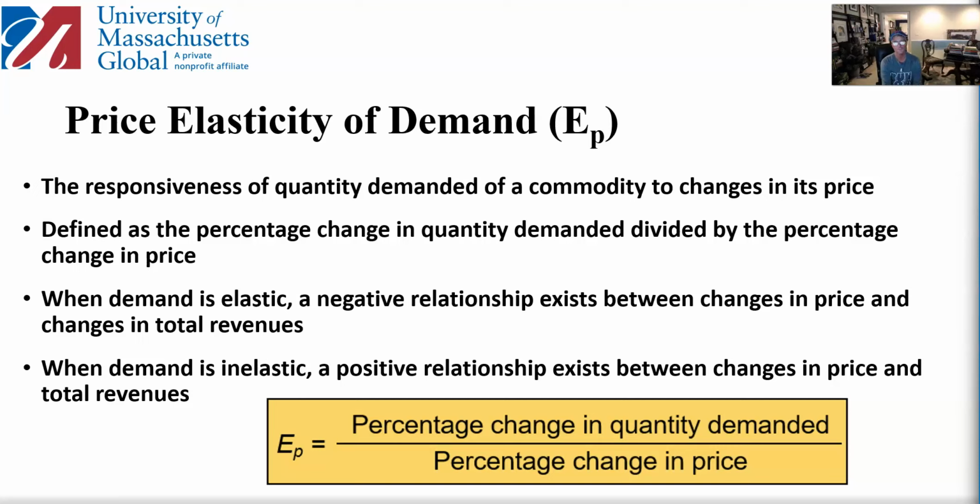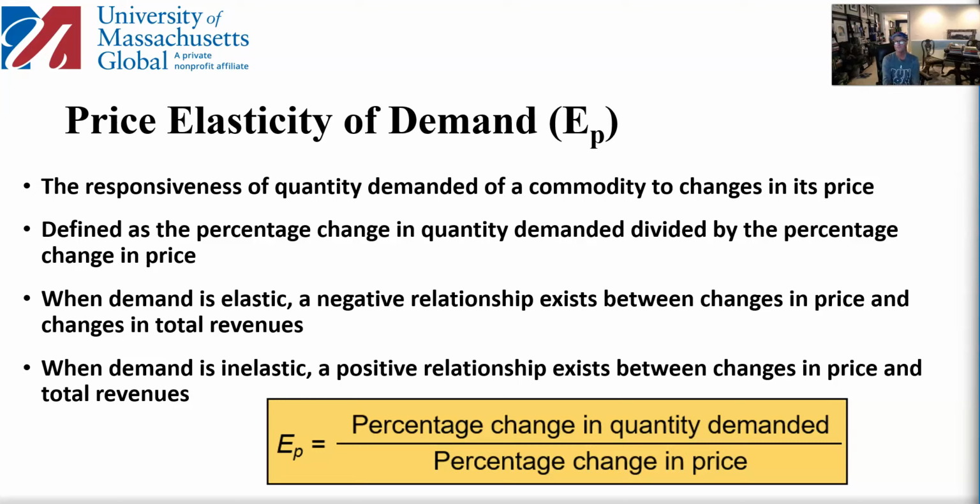Lastly, short run versus long run. Price elasticity of demand is usually lower in the short run, which means people will pay it if it's just short term. But if it gets to be more long term, it may become more elastic. Yeah, I'll pay for it now. A good example is coffee.